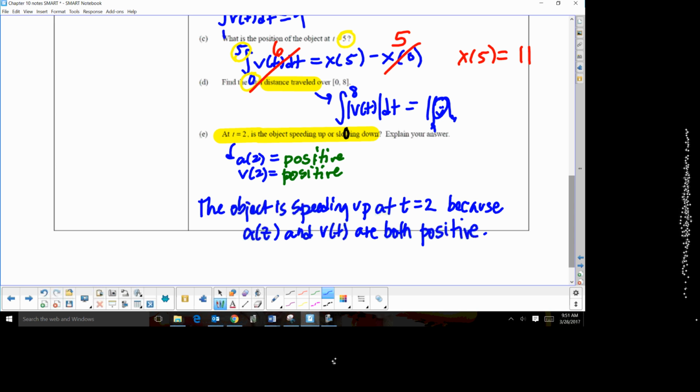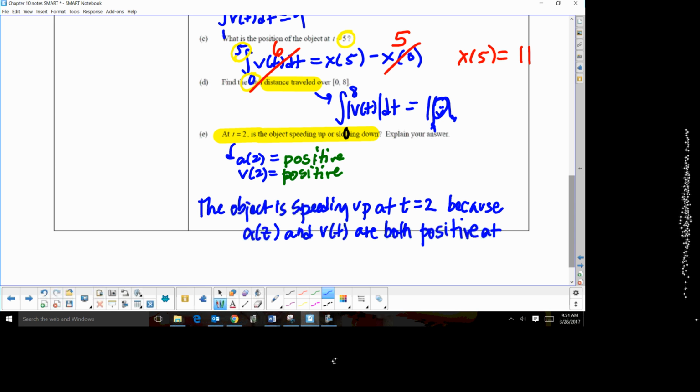So I said the object is speeding up at t equals 2. But did I imply that a of t and v of t are positive at 2 in any way, shape, or form here? No. So I could have said they are both positive at, well, it's not true that they're positive everywhere.